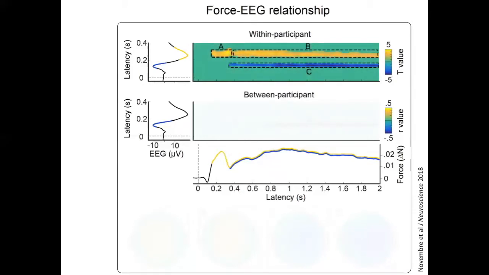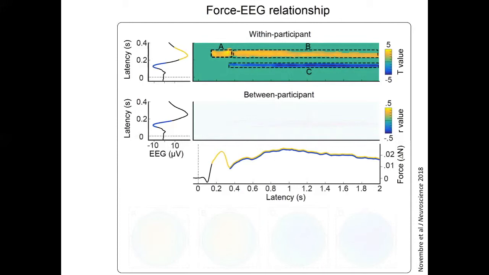One electrode, of course, because one sensor. And then you see that there are many areas which are positively correlated between the amplitude of the positive peak, for example, and the increases of force. And obviously a negative correlation between the negative peak and the increase of force. This is within subject. Between subjects, you can do the same.